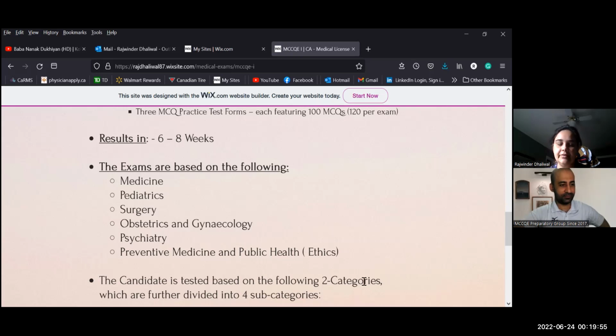If you look at the Toronto Notes, medicine is 1,000 pages. Peds is about 50, surgery about 15, gynae about 100, psych about 50, preventive medicine about 20 pages. So that makes about 300 pages for the other 5 categories.